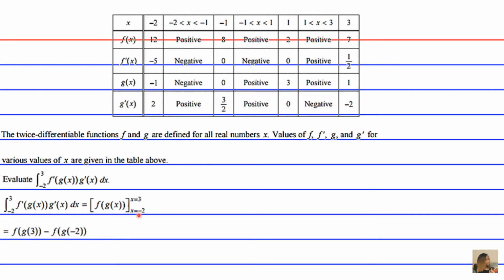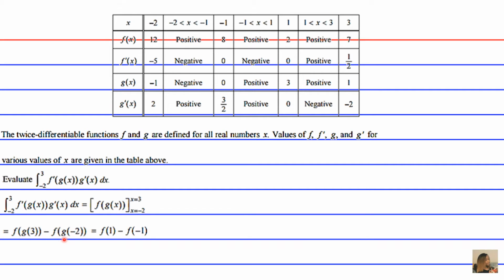So basically, from the upper limit of the function you subtract the lower limit whenever you look at your bounds of integration. So basically, we're subtracting f of g of -2 from f of g of 3.